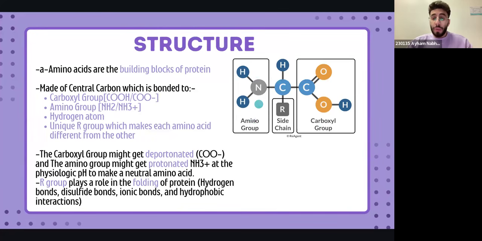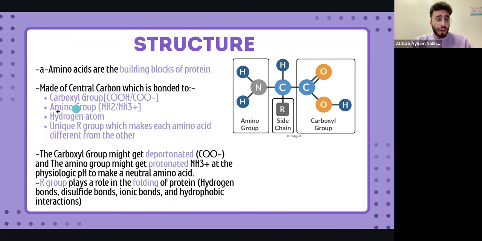Then the second group is the amino group, which is negatively charged. And the last one, the unique structure that makes each amino acid specific and different from the other, is the R side chain, which is different chemicals, okay, that makes the amino acid different from the others. Okay, we're gonna see it inshallah.